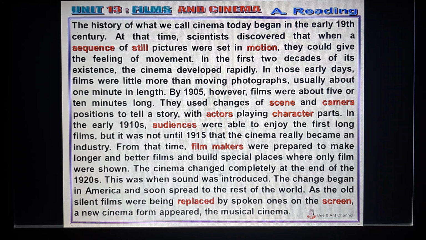The cinema changed completely at the end of the 1920s. This was when sound was introduced. The change began in America and soon spread to the rest of the world. As the old silent films were being replaced by spoken ones on the screen, a new cinema form appeared, the musical cinema.